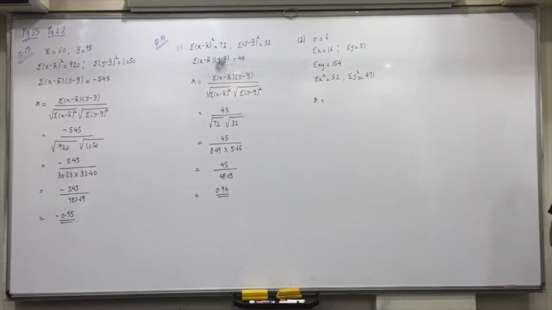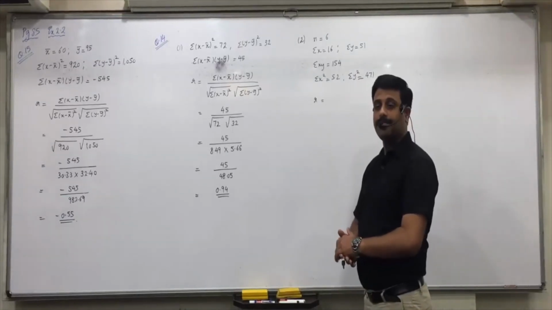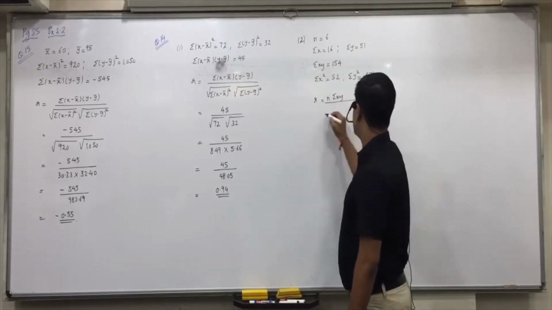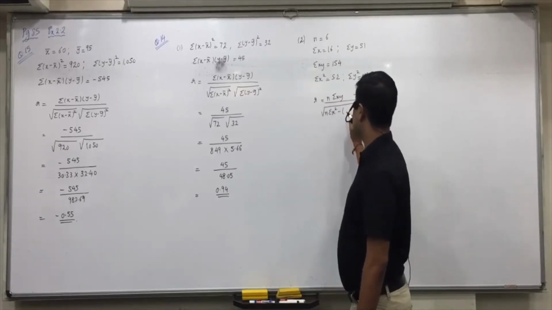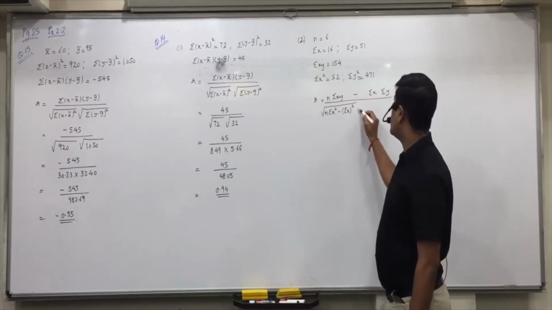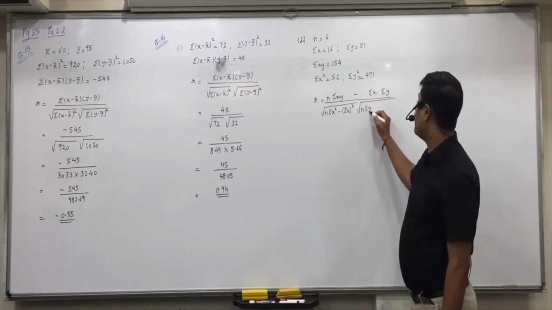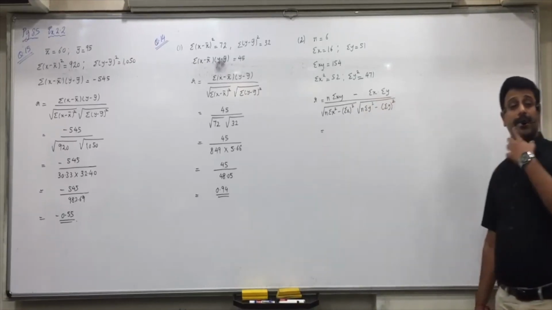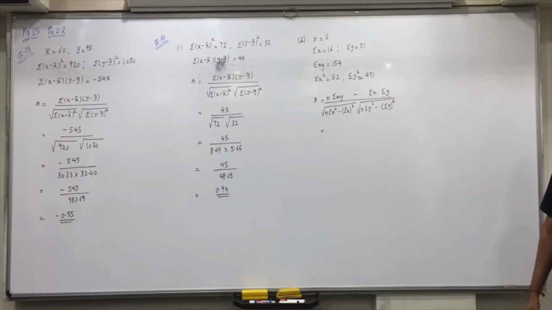Anjali: n sigma xy minus sigma x into sigma y upon square root of n sigma x square minus sigma x whole square into square root of n sigma y square minus sigma y whole square. Did everyone understand this? Sit down. Now put the values.